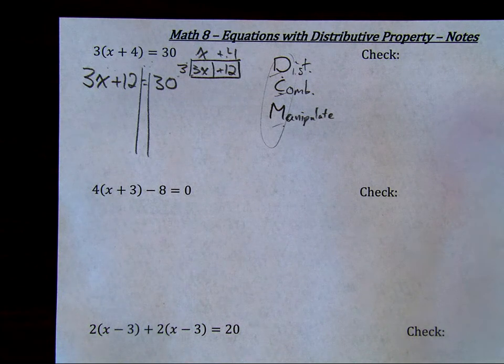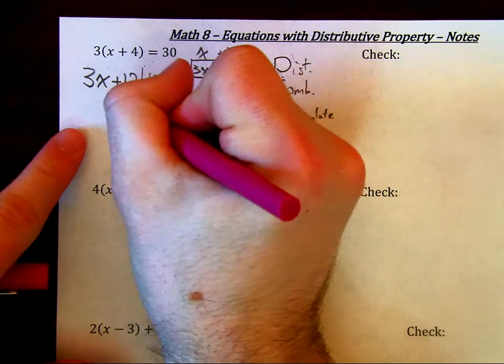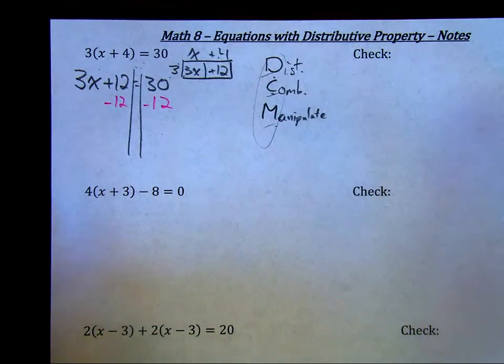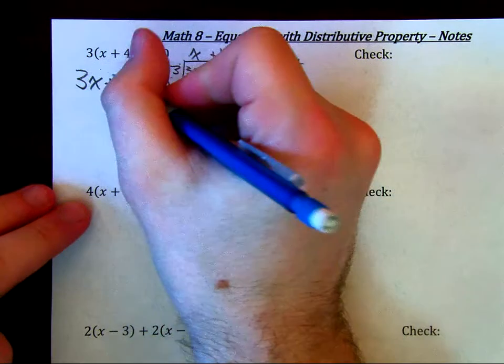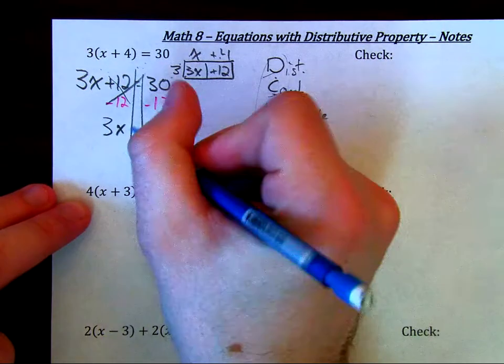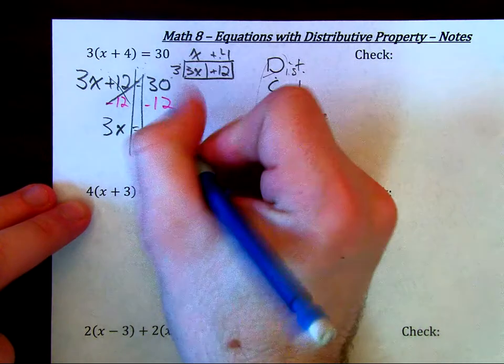So let me get up my opposites, or my inverse operations. So, like you said, I'm going to subtract 12 from both sides. Again, this cancels out on the left. The 3x comes down, and I have 30 minus 12 is 18.